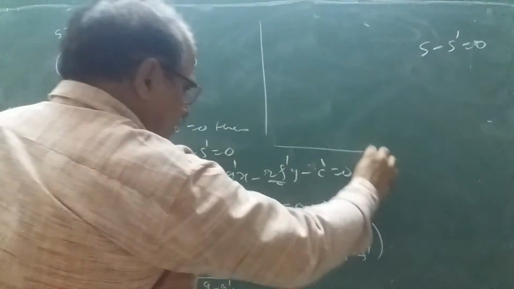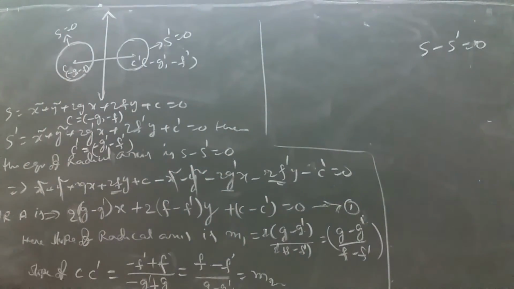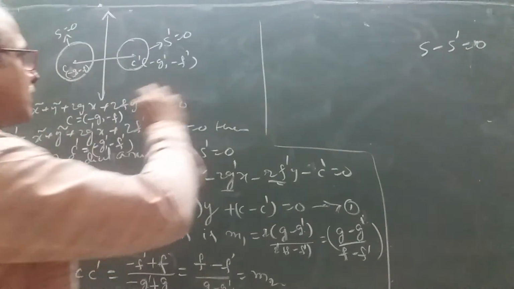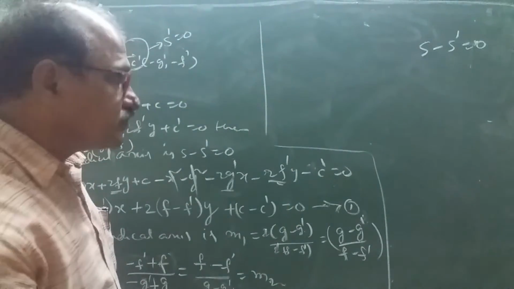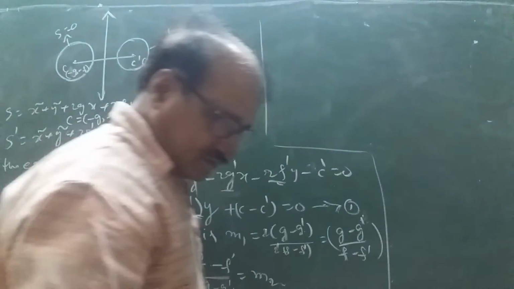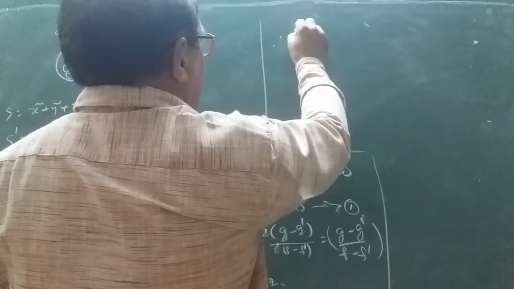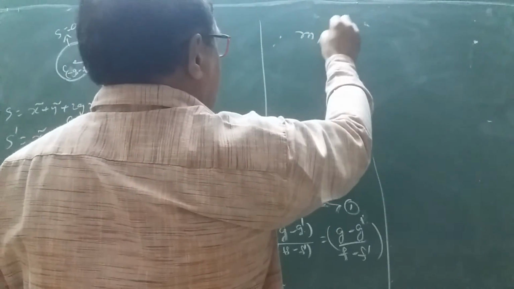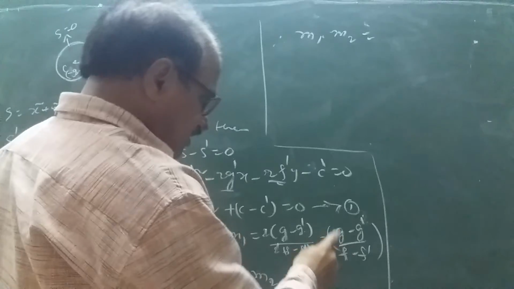Now we have to observe the product of these two slopes. Therefore, m1 into m2. What is m1?